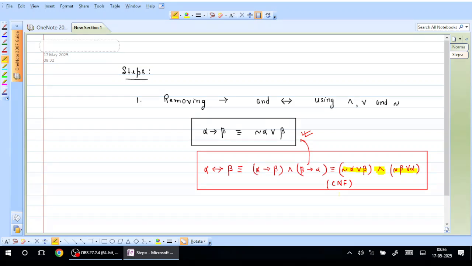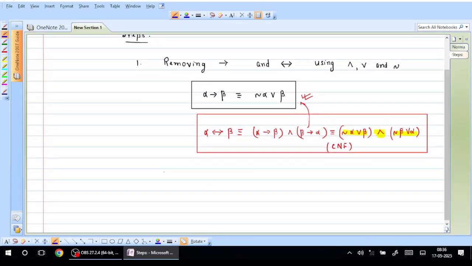But we have another expression also which we are going to use for conversion into DNF, and that is, when I am saying alpha if and only if beta, then this is equivalent to alpha meet beta, and join not alpha meet not beta.